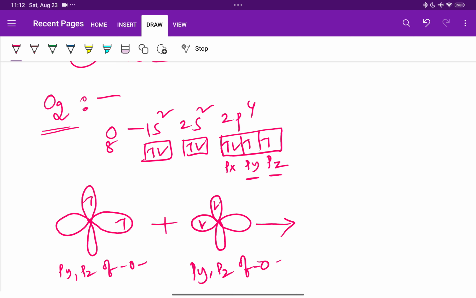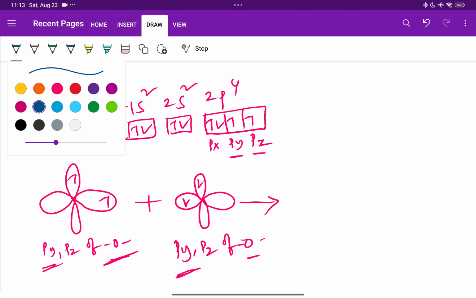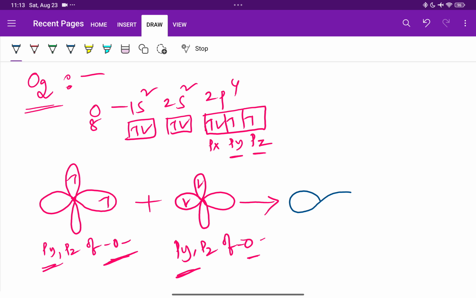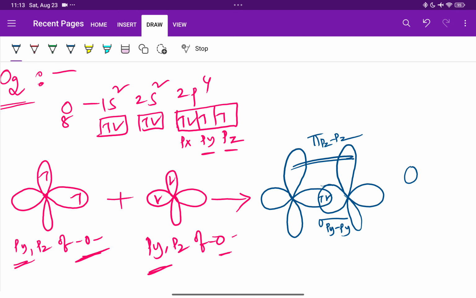So here also, first of all, I am taking the first oxygen py with the second oxygen py end overlap. How? This is the model. So sigma bond is end overlapping, that is py orbitals of two oxygens. Then first oxygen pz and second oxygen pz partially overlap. Then you will get a pi bond, which is formed by pz. And here the O2 molecule structure you can show like this.